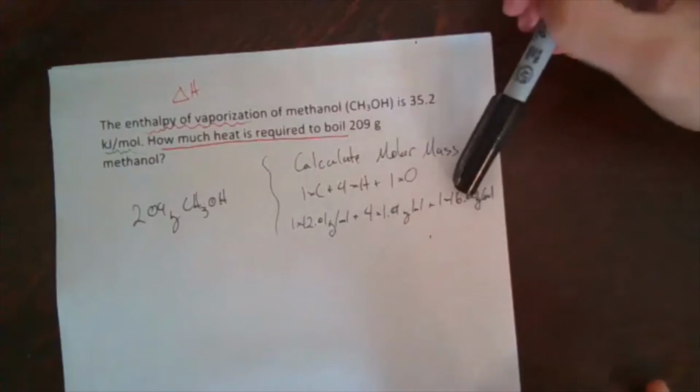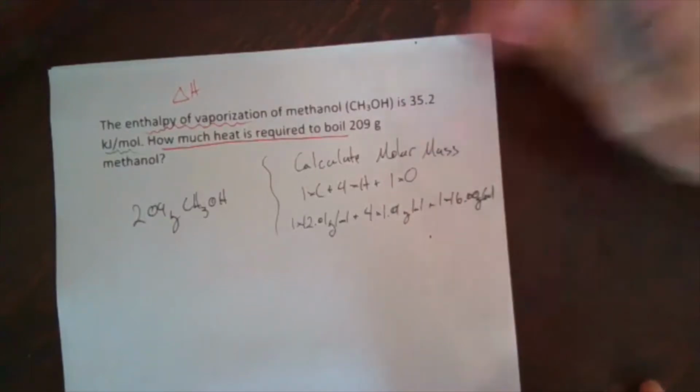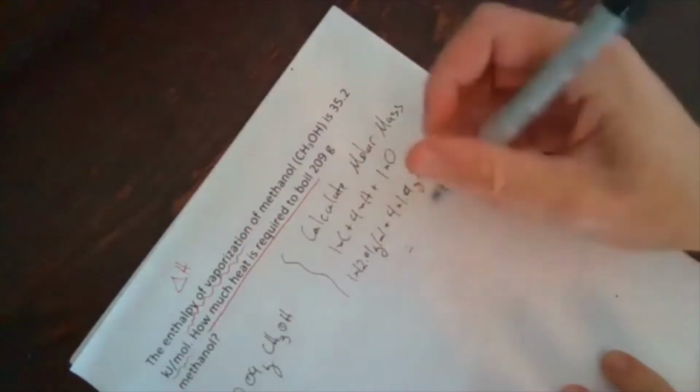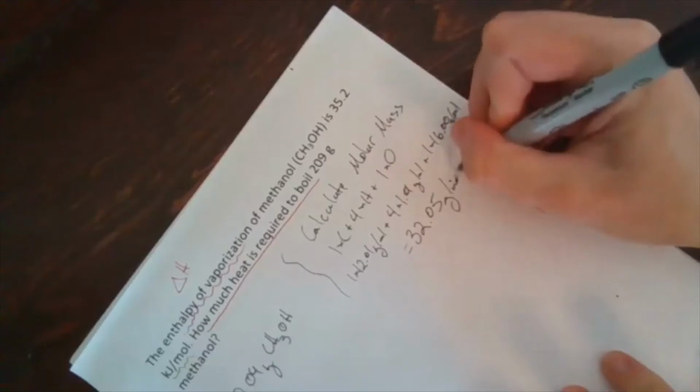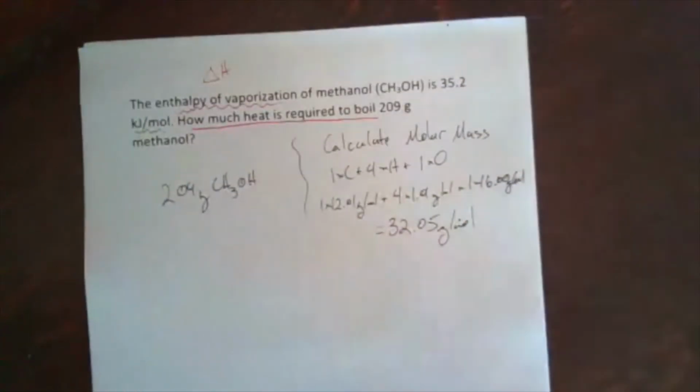I use at least 2 digits after this point. If you want to use more, that's fine. It does not matter. I think it's just a little bit easier, a little bit cleaner. These come together to give me 32.05 grams per mole. So that's the molar mass of my entire molecule, CH3OH methanol.